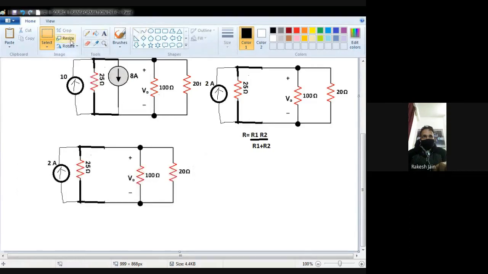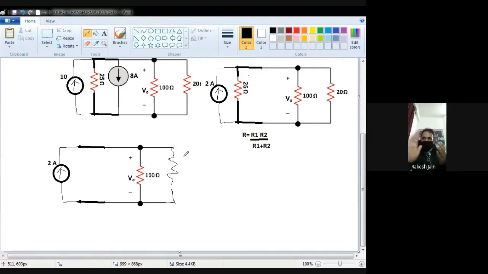We just solve this 25 ohm, so I replace this one, and this 20 ohm, so I replace this one. R1 and R2 are in parallel, so let's suppose this is my resultant resistance R, which is equal to R1 multiplied by R2 divided by R1 plus R2. Two resistances were in parallel, so both will be removed and a single resistance will come at their place.